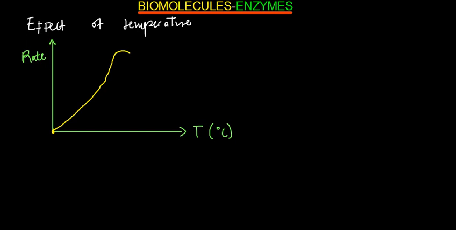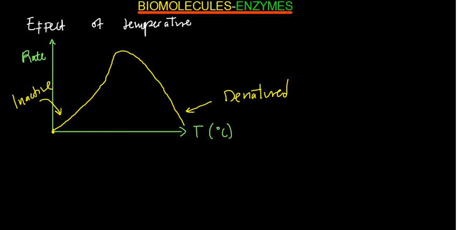Then, when you increase temperature all the more, the rate of the reaction decreases and decreases until the enzyme is denatured. That is why the rate is slowing at the end, but at the start the rate is slow because the enzyme is inactive. So as you increase temperature, you're activating the enzymes, and the reaction becomes much faster.